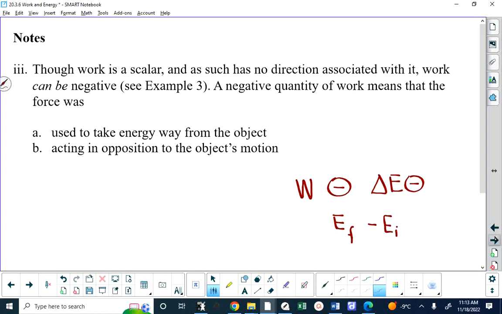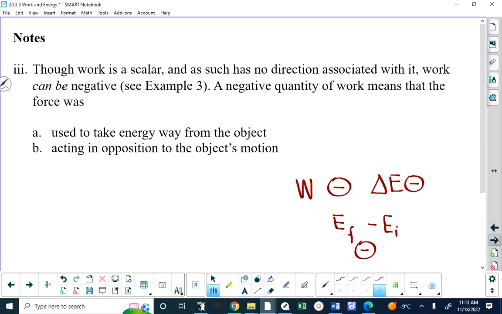I don't know if you remember this. Delta is always final minus initial. So this has to be negative. How are you going to get a negative number if you take the final energy and subtract the initial energy? If you had more energy to begin with, which means you've lost energy.